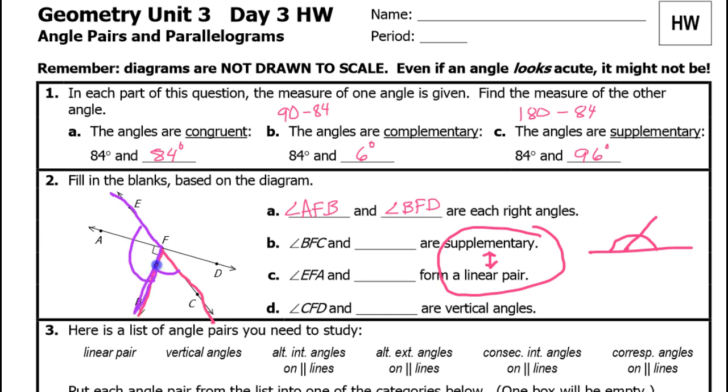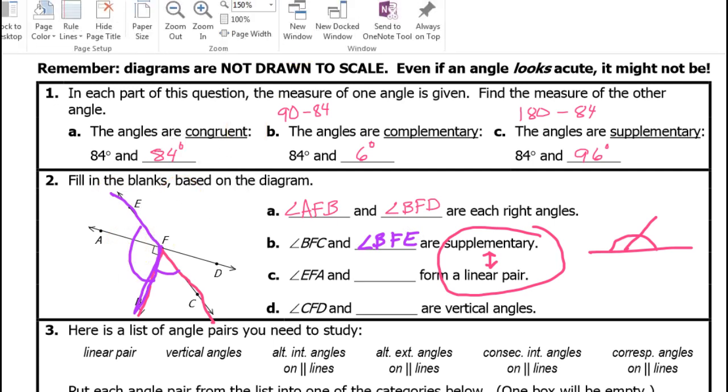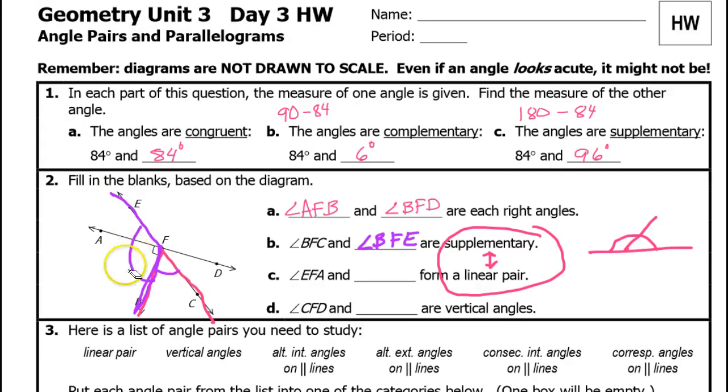Here I'll highlight it some more. So this purple angle is the other angle. So we have angle BFC and angle BFE. Okay, the purple angle. Okay, BFE.